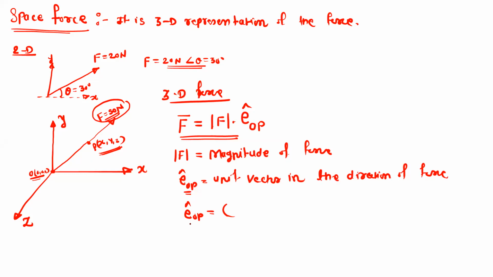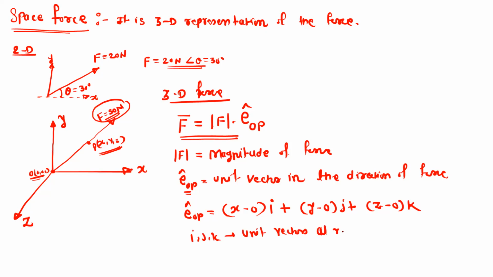Okay. So to find out this unit vector in the direction of that force, this is x minus origin, that is 0, into unit vector in the direction of x, that is i, plus y minus 0 into unit vector j, plus z minus 0 into unit vector k. Okay. Where this i, j, k, these are the unit vectors along x, y, and z direction respectively.